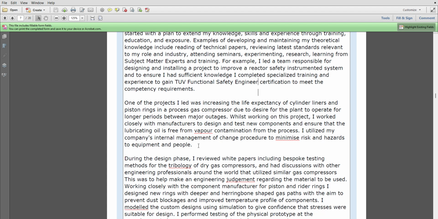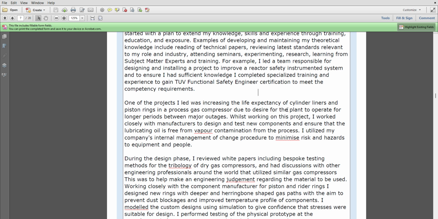And I'll just look at this paragraph before we move on to the next competence. So the candidate said, on one of the projects I led, I was increasing the life expectancy of cylinder liners and piston rings in a process gas compressor due to the desire for the plant to operate for longer periods between major outages.